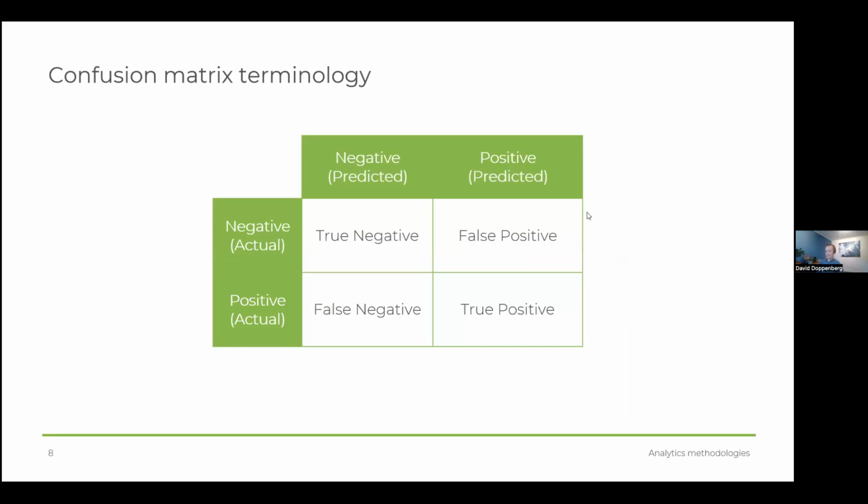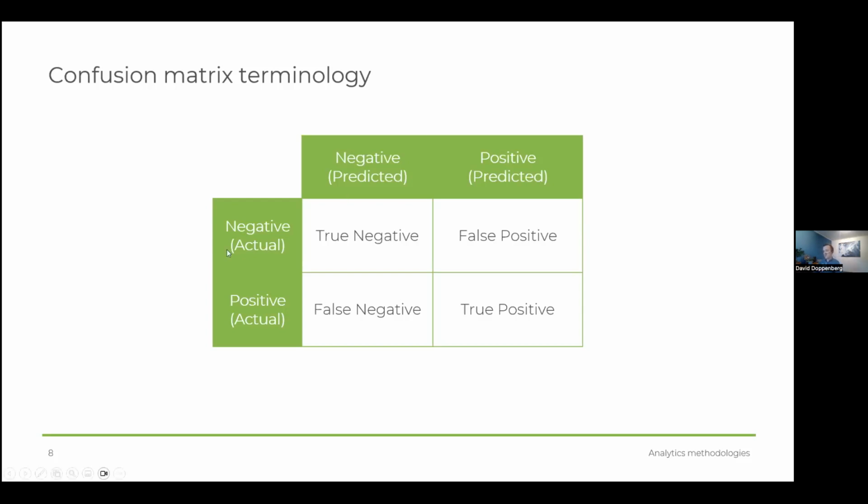So in the case of, for example, a spam classifier, the spam classifier is going to say yes, it is positive, meaning it is a spam email, or no, it's not a spam email, meaning the negative label. So in this case, we say the positive label means, although it's definitely not something positive to have a spam email, it is classified as spam, and negative label is it is not classified as spam.